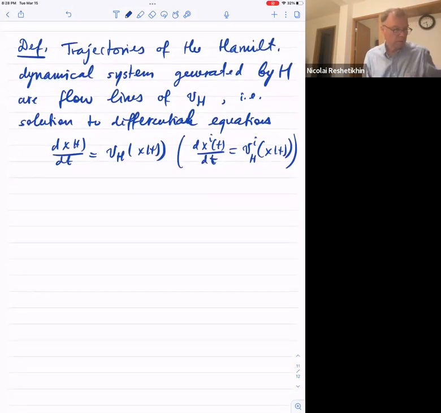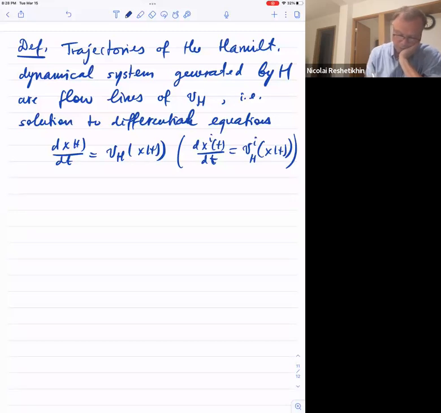Okay, so this defines a dynamical system, and Hamiltonian mechanics on symplectic manifolds is the study of this dynamical system, the study of solutions to these differential equations.